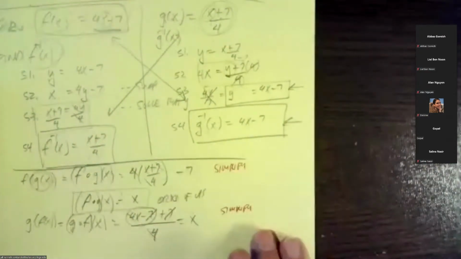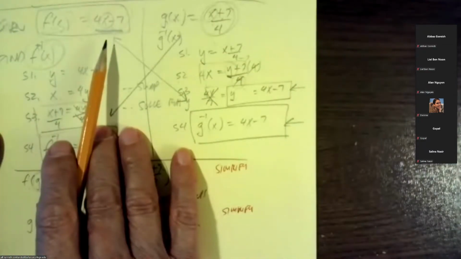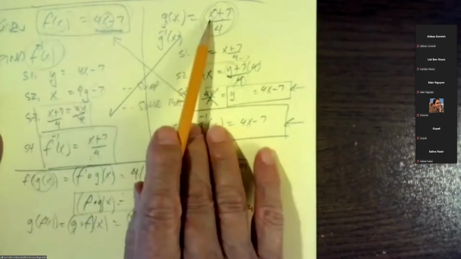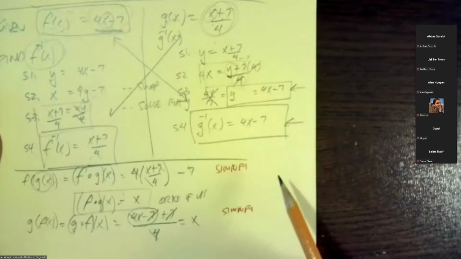Only if they're inverses. That doesn't say that every f of x is an inverse of every g of x. This just says if they are inverses, then the inverse of f of x will equal g of x, and the inverse of g of x will equal f of x, if they are in fact inverses.